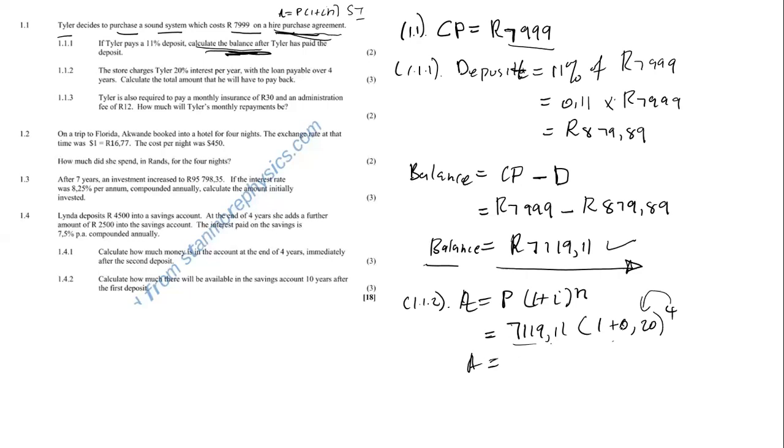Anyways, when we punch this on our calculator, we're going to say 7,119.11 open bracket 1 plus 0.20 to the power of 4. My answer is affected.